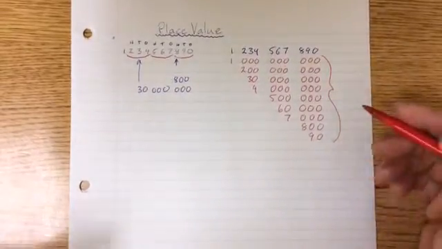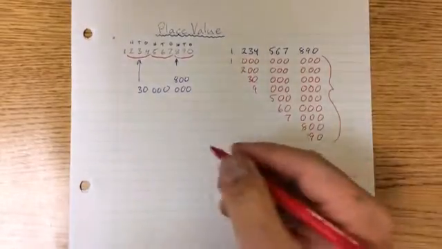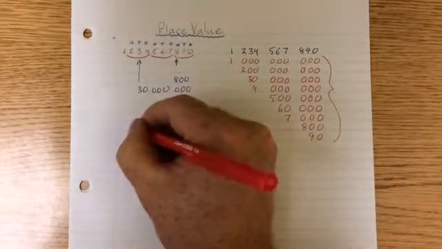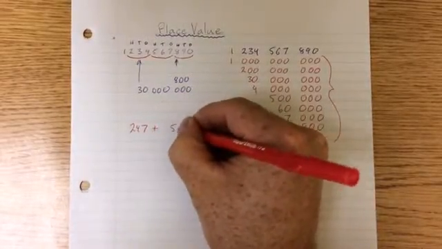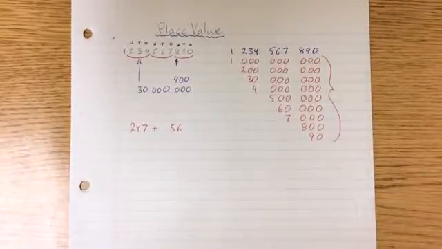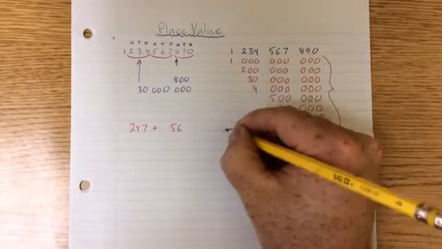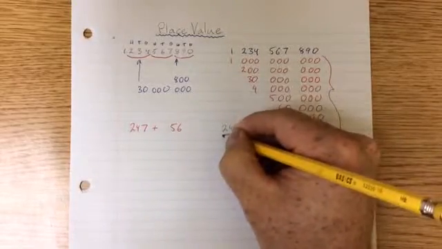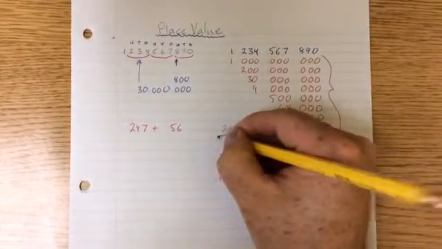Now again, I said that we have to keep track when we're doing strategies like the stack. Now the stack is what a lot of us grew up with. If you have the number 247 plus 56, and I've asked kids to add it up, what a lot of them do automatically is they will still write down 247 and then they'll say 56, and then they add that up.